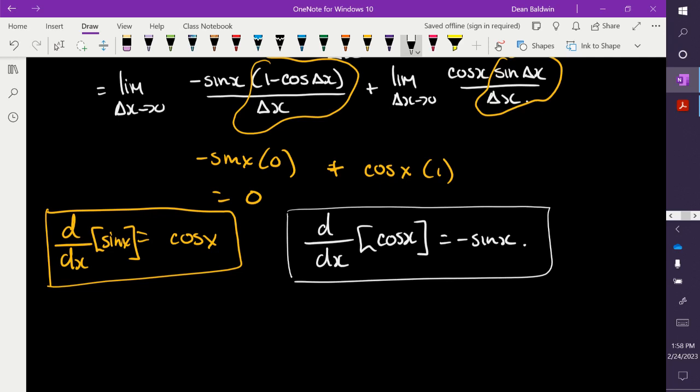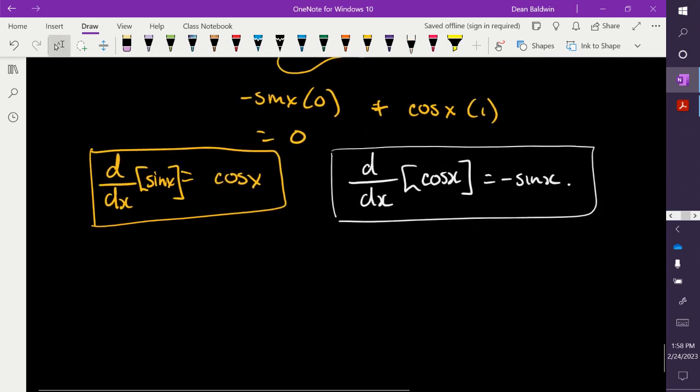You can go through the same process for this cosine derivative and you'll see it spits out negative sine x, but we're not going to do that. Okay, so having those, you can now do trig derivatives.